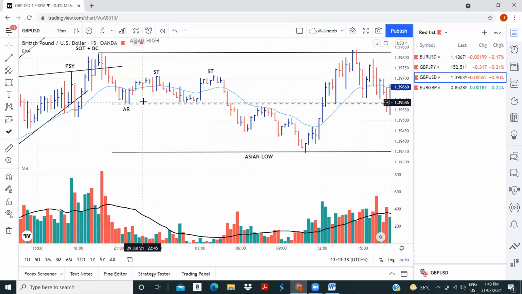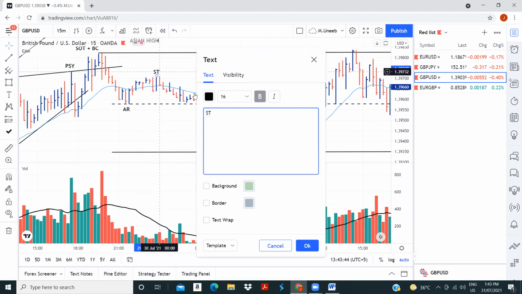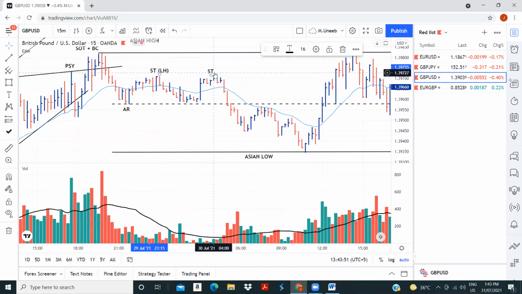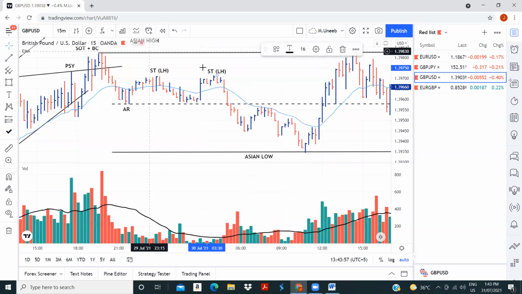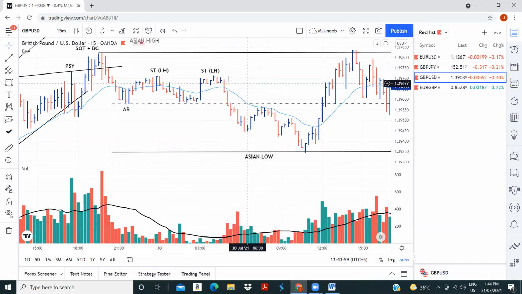What do you notice about the secondary test? The secondary test is forming a lower high. This is an indication of bearish sentiment, lower high.